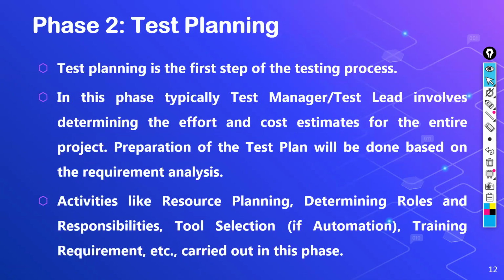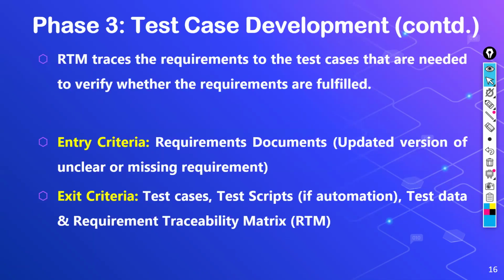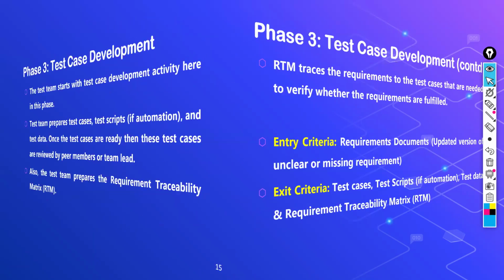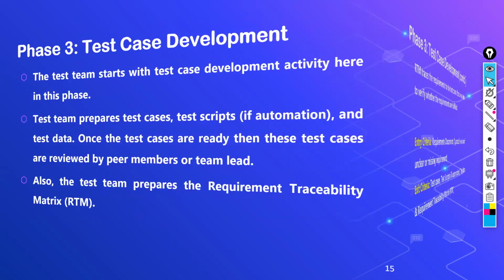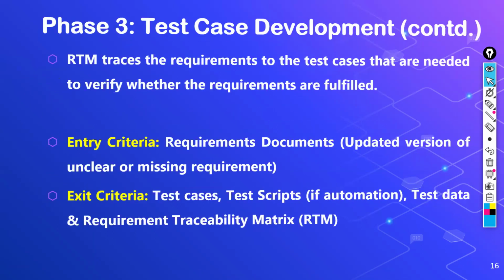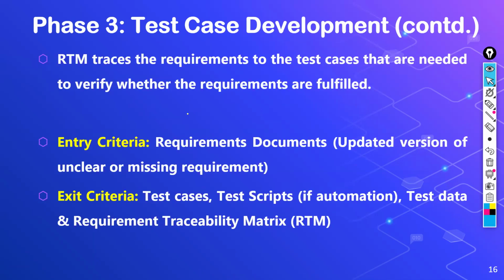So requirement analysis is over, planning is done, then test case development. Now they'll start with the test case development, and in this itself, we'll go with the RTM document. So towards the end of this, as you can see, we have requirement document as the entry criteria, because I told you that we'll create these test cases based on to the requirement.